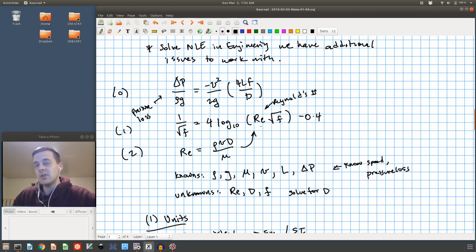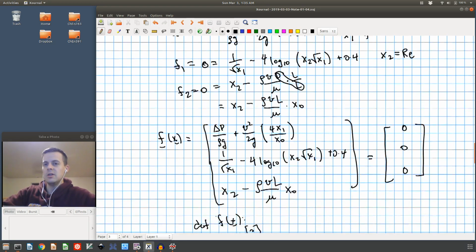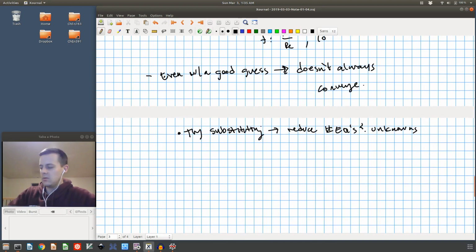And if you think about the solver, if it's doing a Jacobian, the Jacobian matrix isn't 3 by 3 anymore, it's 2 by 2. So it has something easier to invert. And so that's one thing. Another thing that you could do is get rid of either exponentials or logs.